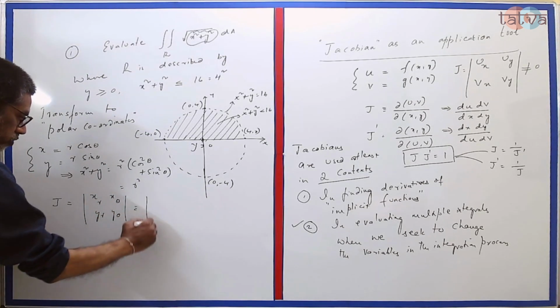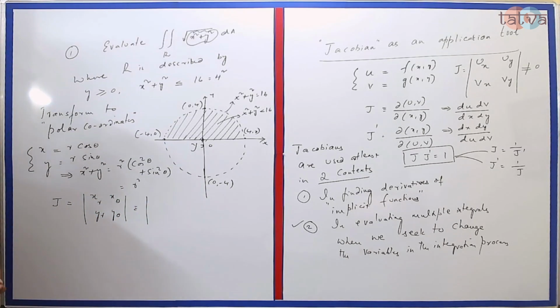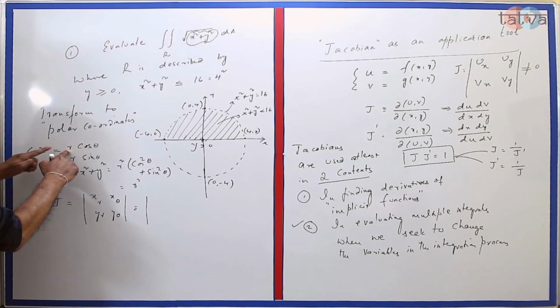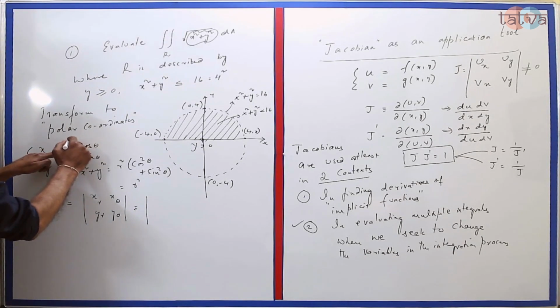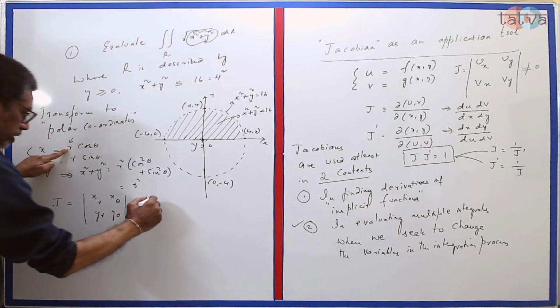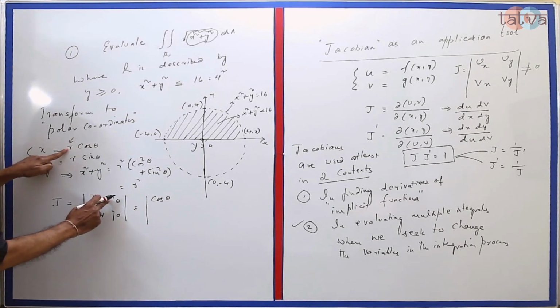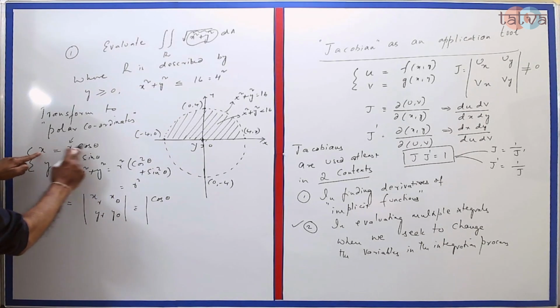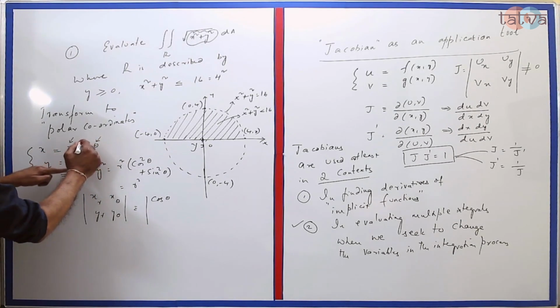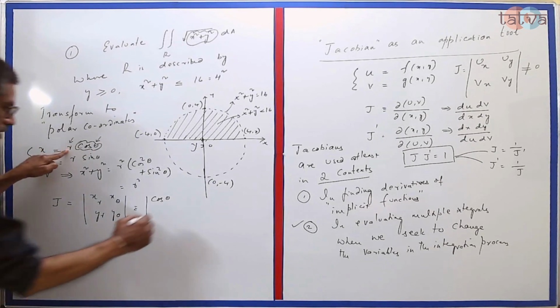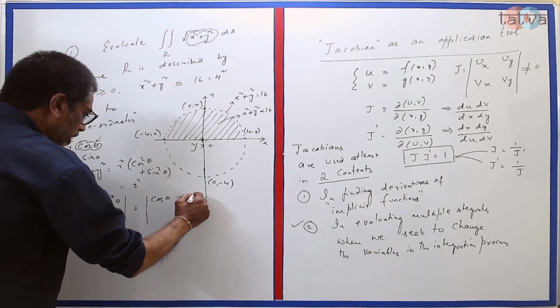It is assumed that your partial differentiation is decent. x_r would be to differentiate x with respect to r, and then you will get 1 times cos theta, it's cos theta. Differentiation of x with respect to theta means you have to differentiate the cos theta function. You will get minus sin theta, but r is a constant. So you write minus r sin theta.